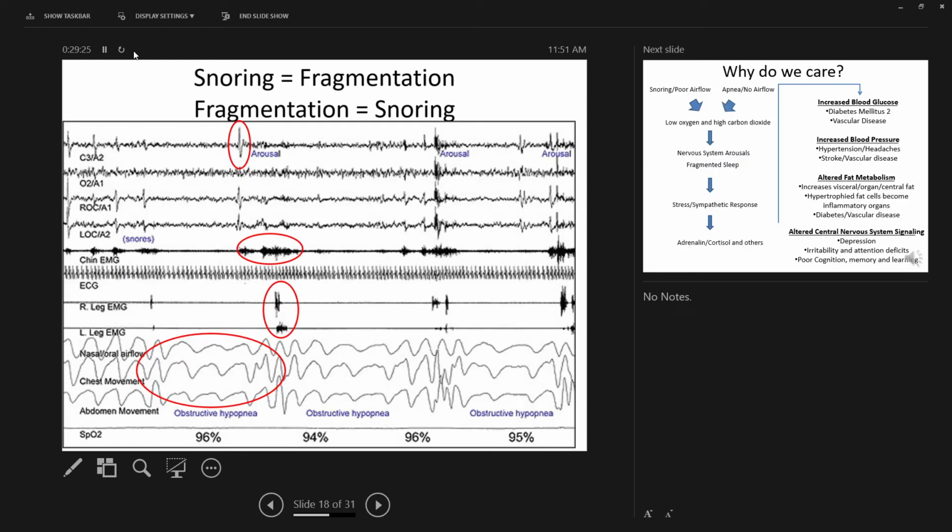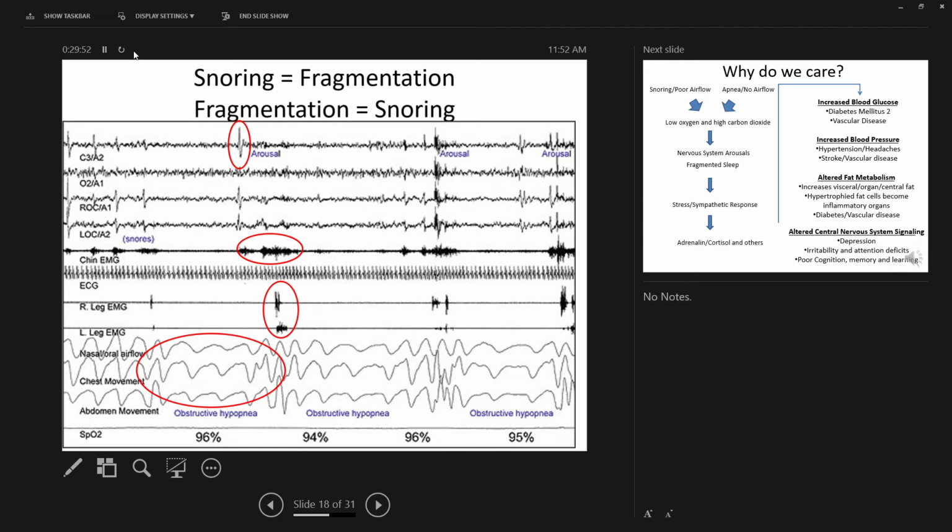So this is a classic epoch that we would see on the screen when we're looking at a polysomnogram while a person is sleeping. The first 4 rows, C3-A2, O2-A1, ROC-A1, LOC-A2, these are EEGs. So we're looking at the brain waves, the electrical activity of the brain through different leads.